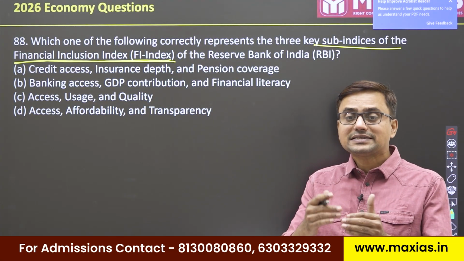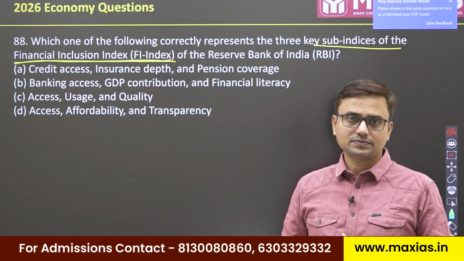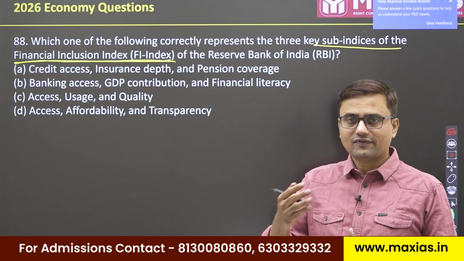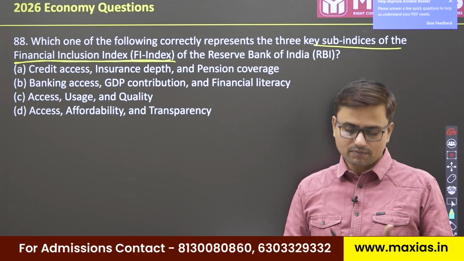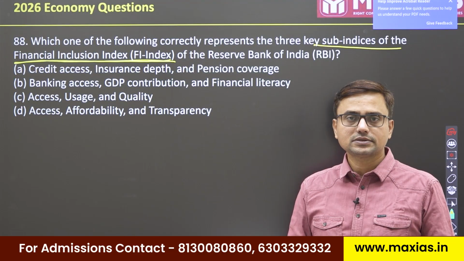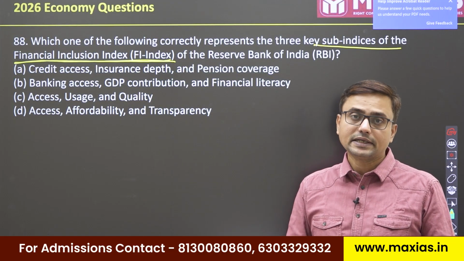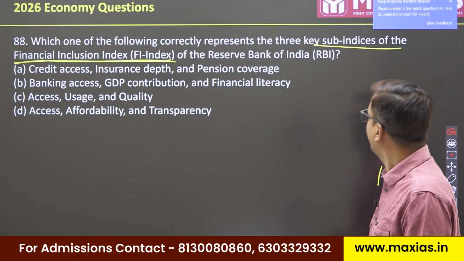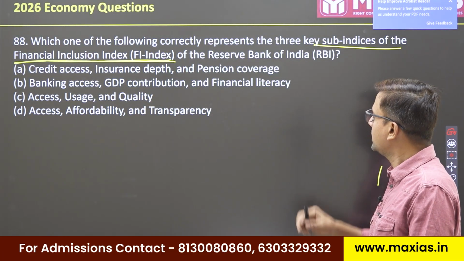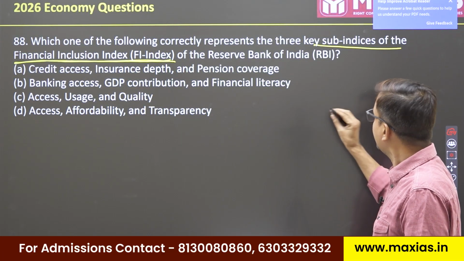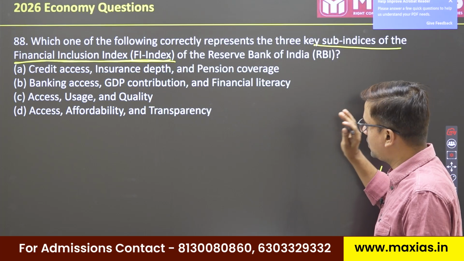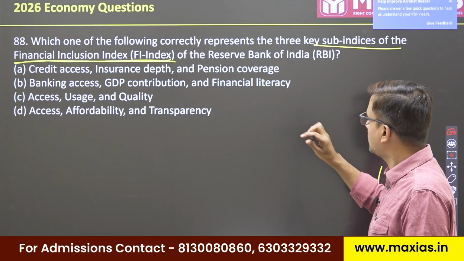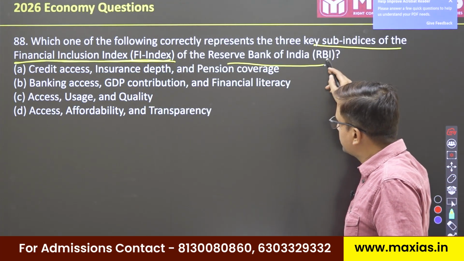An index reflects the subject, the topic we are dealing with, like the multi-dimensional poverty index or the financial inclusion index. So, which of the following correctly represents the three key sub-indices of the financial inclusion index of the RBI?